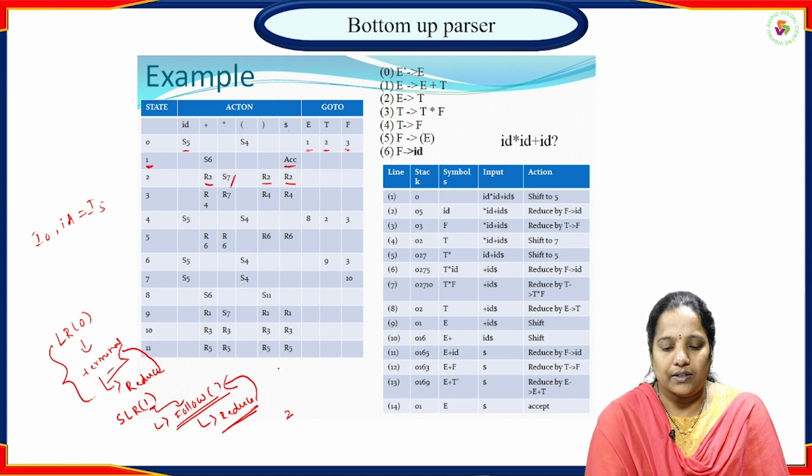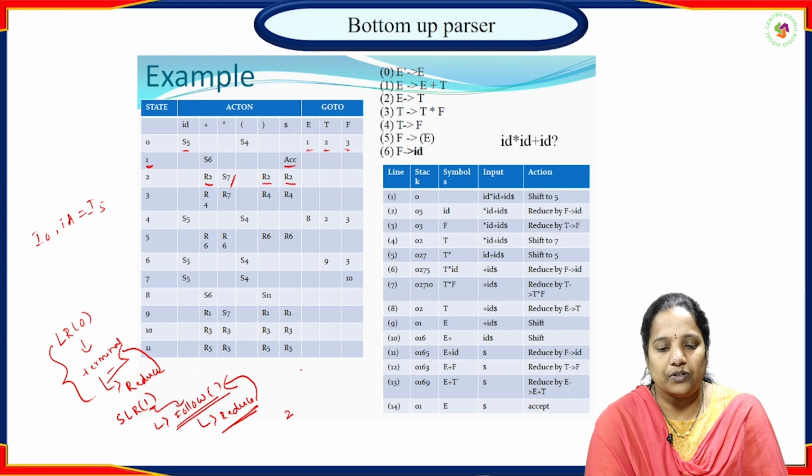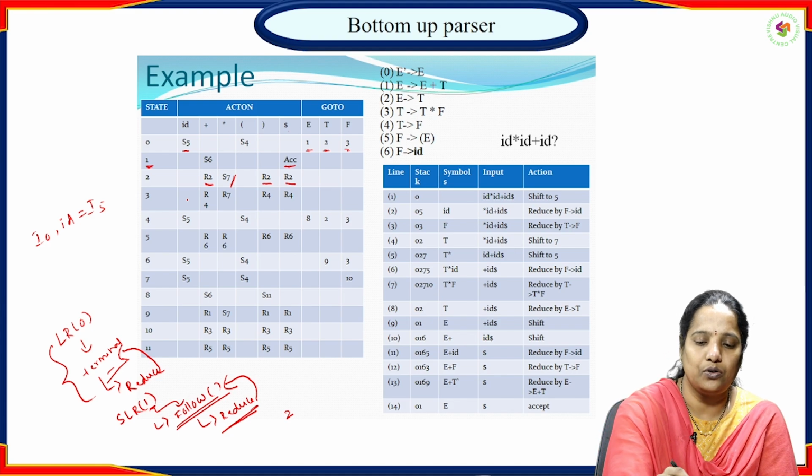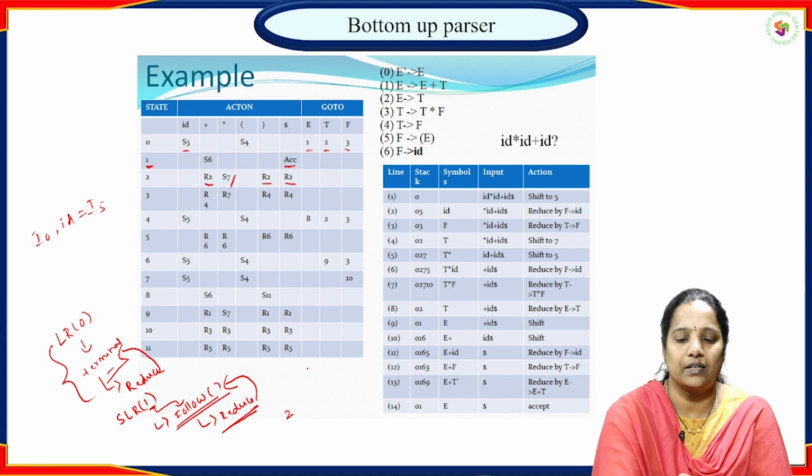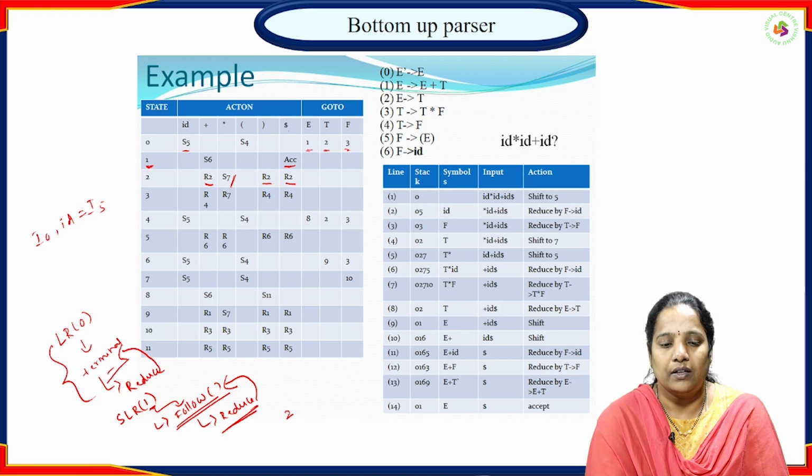Next. Inside I3 also we are having the reduced production. For the reduced production we need to enter reduce followed by the production number. Like that we need to fill the entries depending upon the items. All the entries will get filled inside the parsing table.